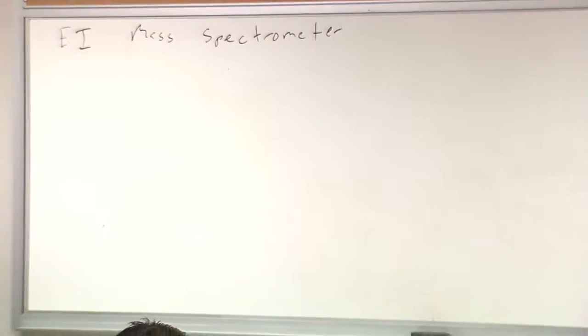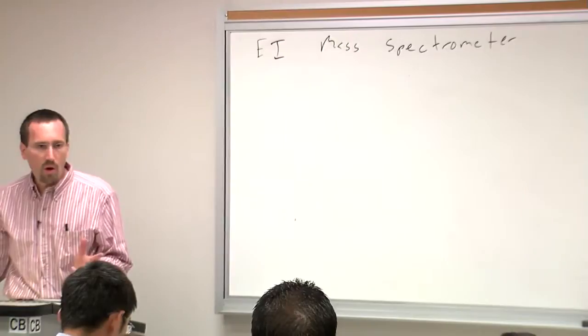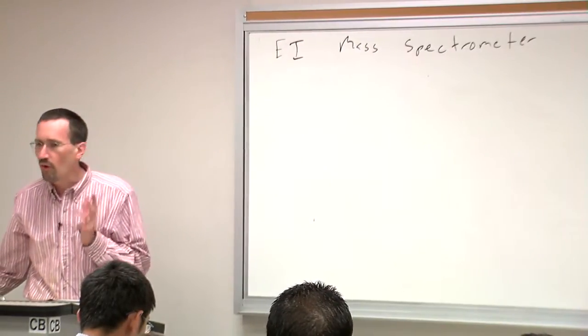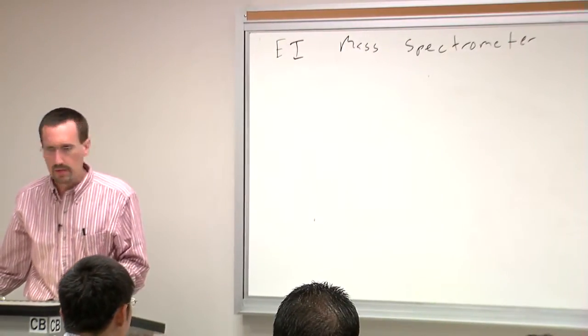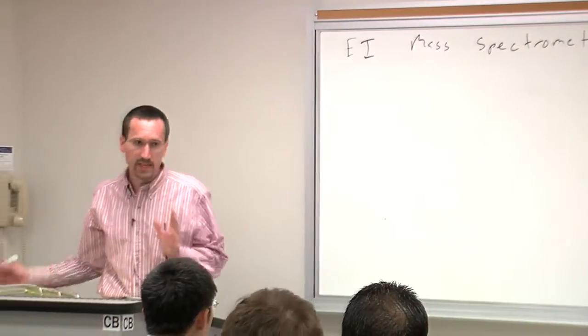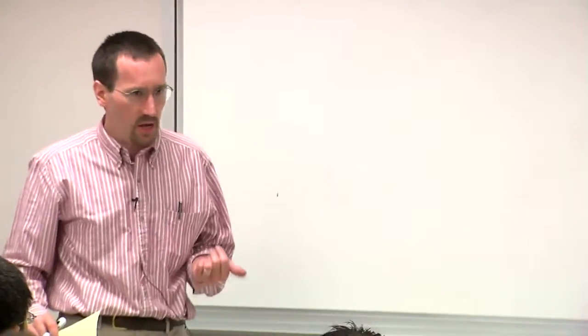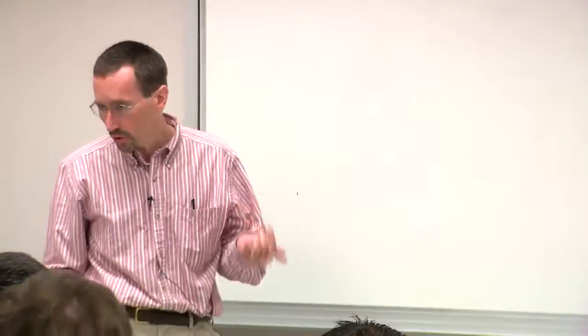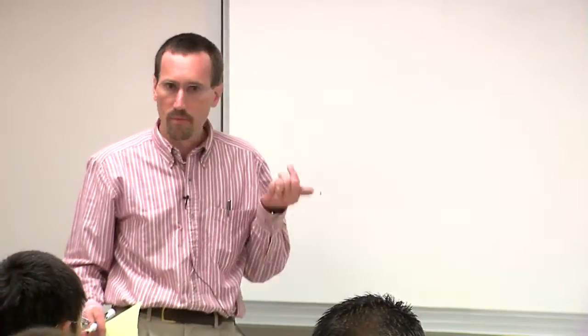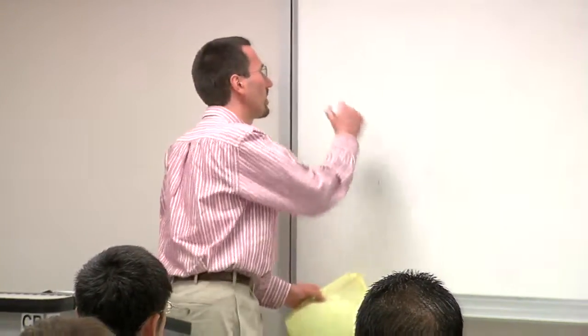Now, the first thing that you need to think about is all this chemistry, and this is true for all of mass spectrometry, occurs in the gas phase. In fact, for common techniques that an organic chemist would use, it's the only experiment where you're doing it in the gas phase. IR, you could do gas phase IR, but most of the molecules organic chemists work with are going to be in the liquid phase or the solid phase or the solution phase.